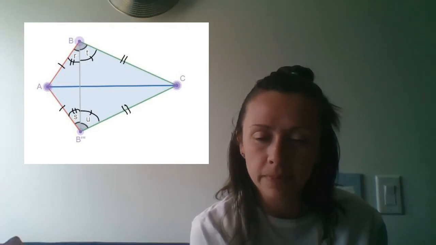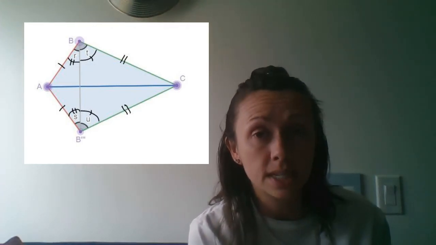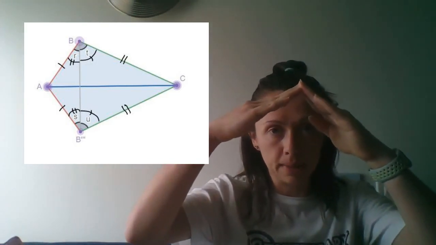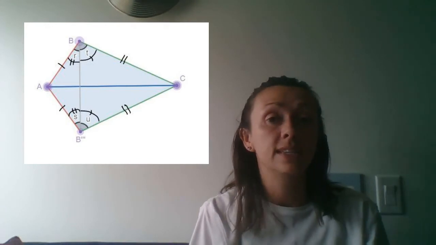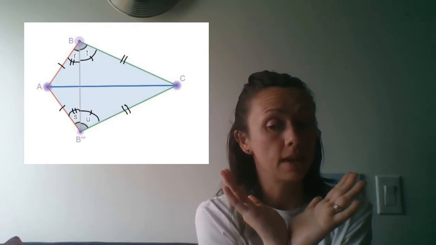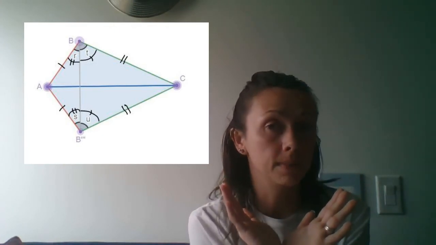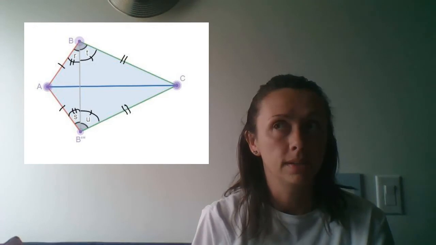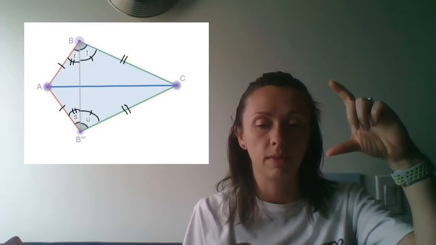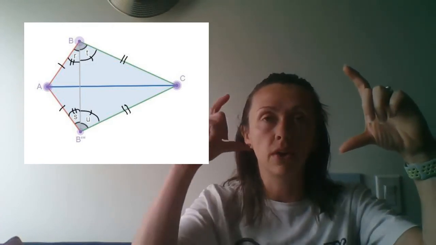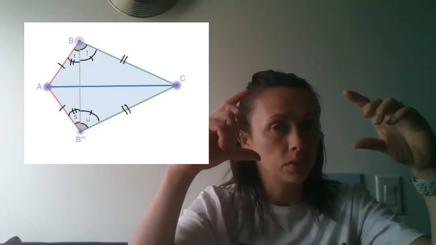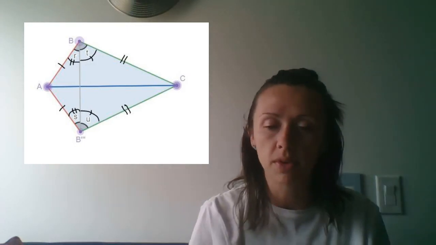So let's keep thinking. We also know that R plus T makes that full angle ABC at the top. R and T together makes ABC. We also know that S and U together, using the angle addition, S plus U makes that full angle AB prime C. Well, since both of the pieces are equal, the T and the U are equal, the R and the S are equal, that means that the actual two angles themselves are equal.